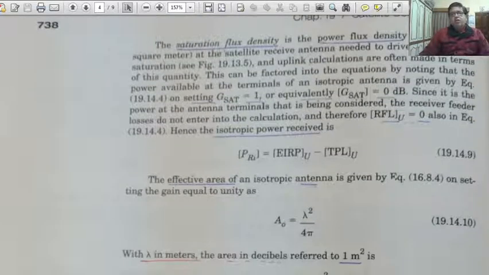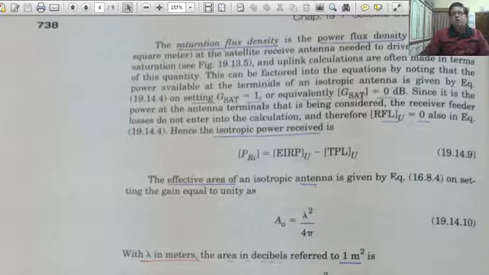The saturation flux density is the power flux density at the satellite receive antenna needed to drive the TWT into saturation, and uplink calculations are often made in terms of this quantity.